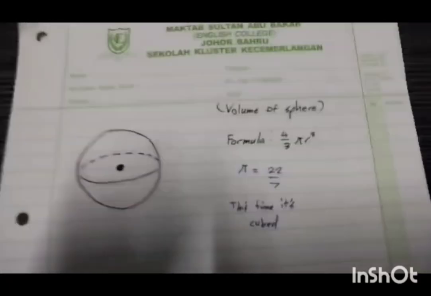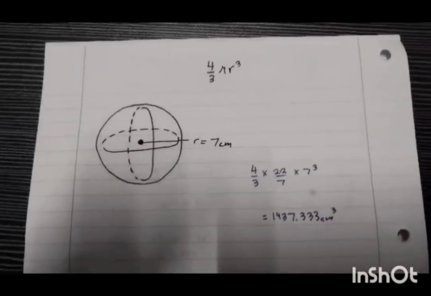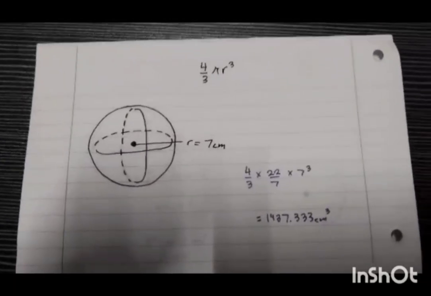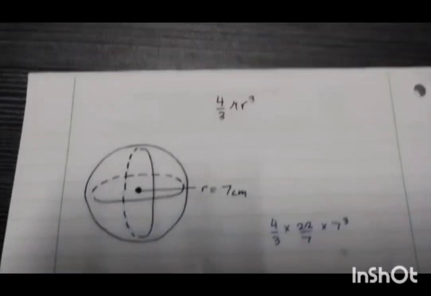Let's move on to the example. The radius given is 7 cm. So how to calculate the volume, you say? Just insert the formula.